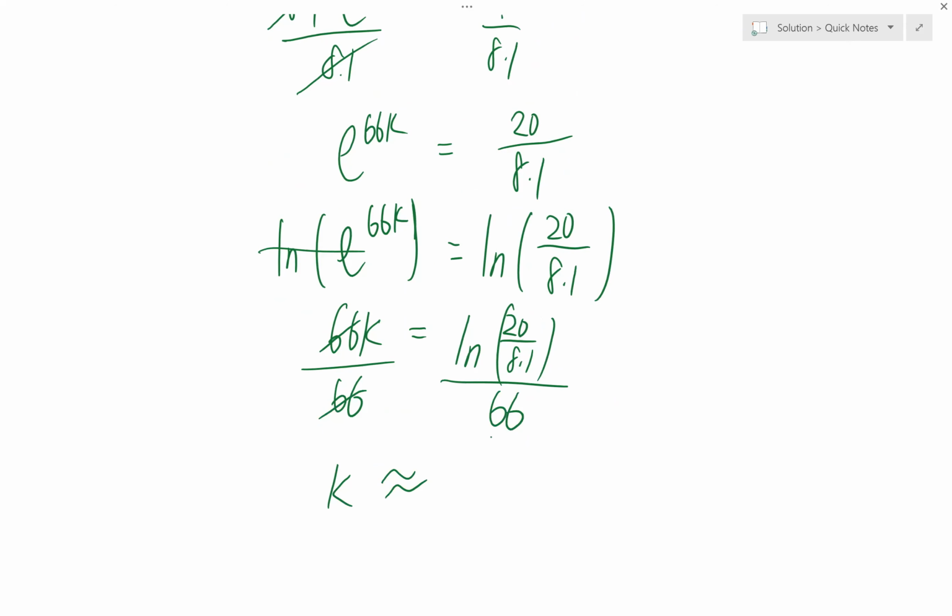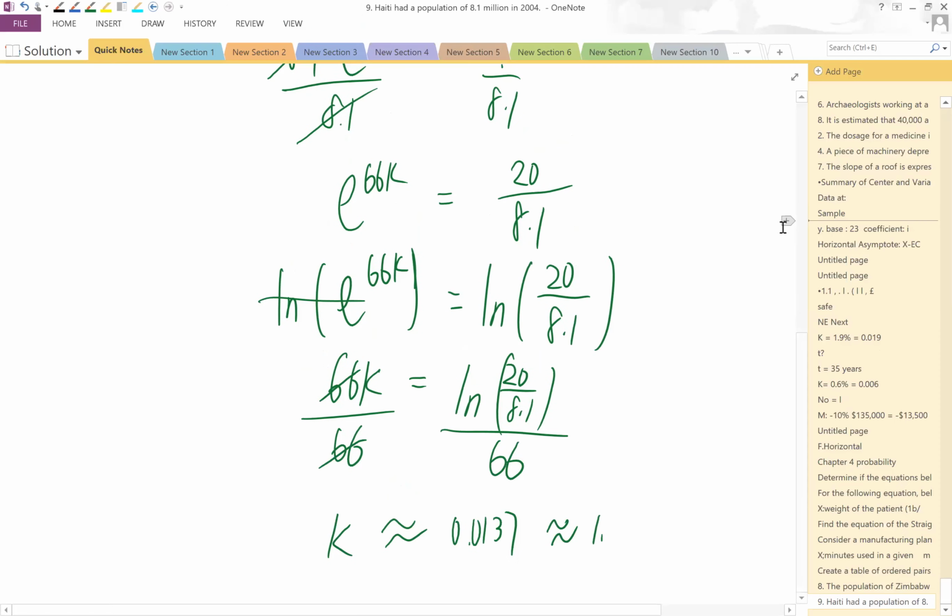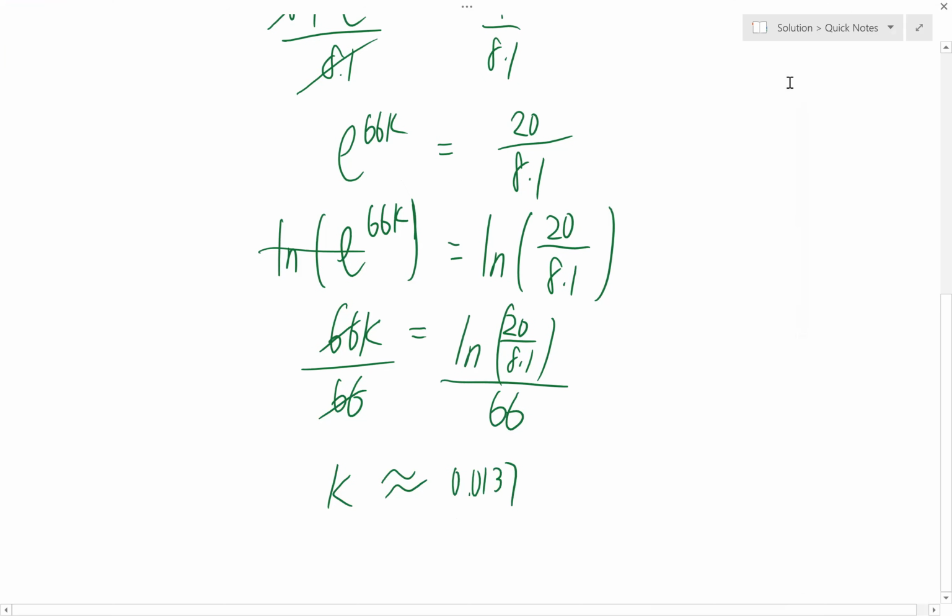And this turned out to be 0.0137, and if you convert to percentage, it should be 1.37%. Annual growth rate, right? 1.37%. Okay, so that's question 9.